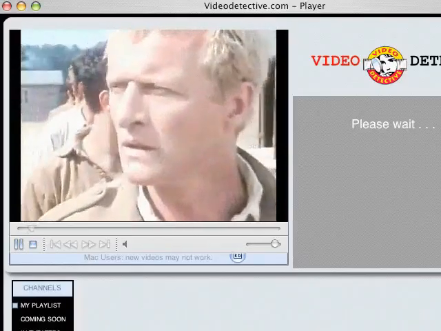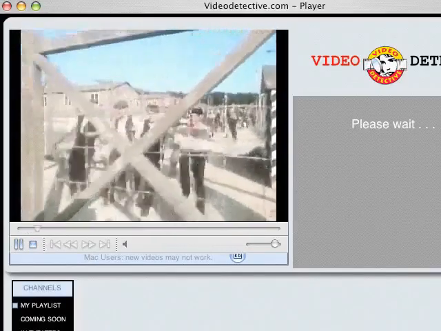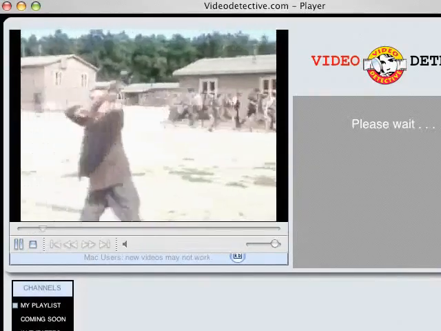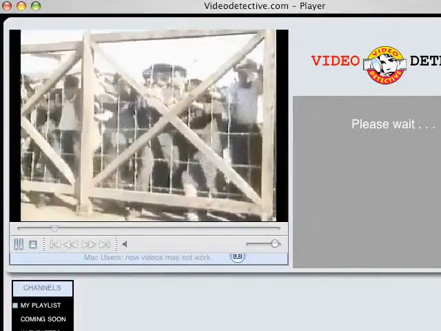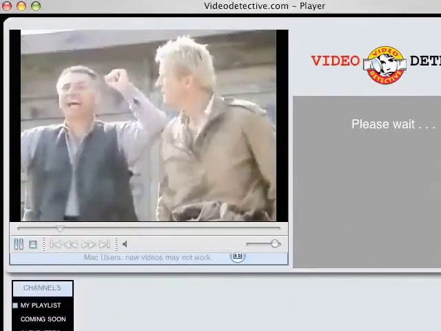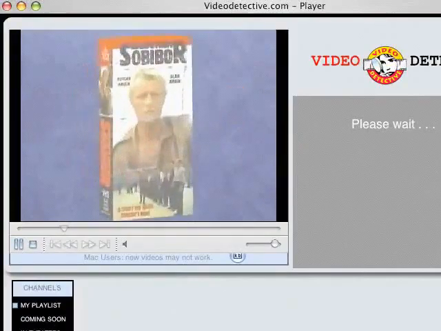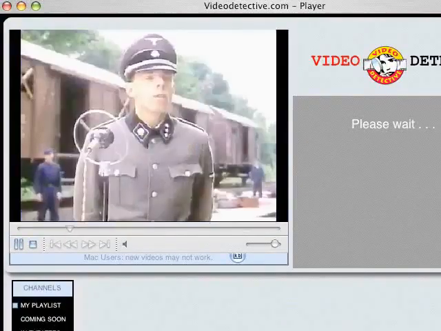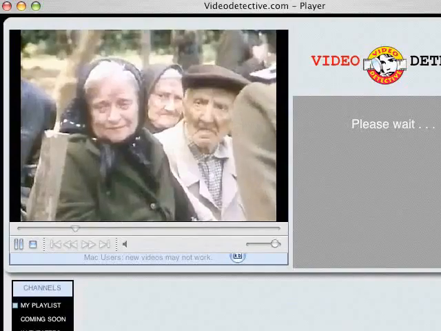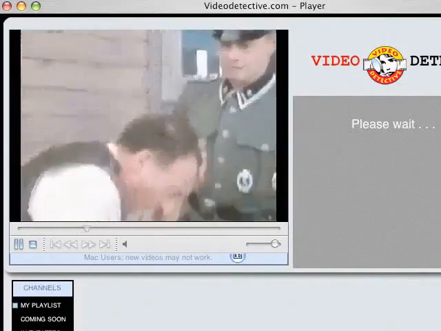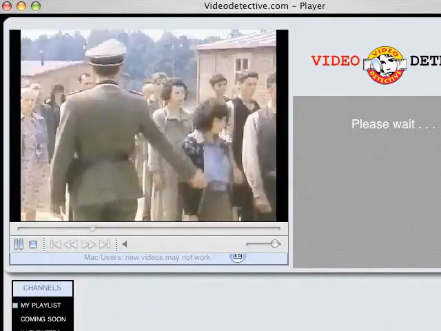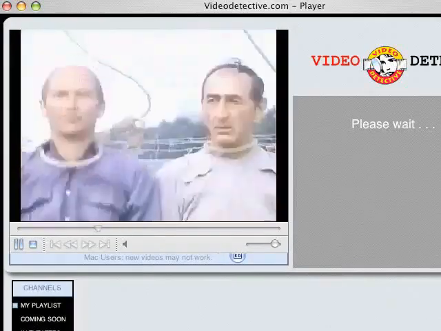Action-adventure hero Rutger Hauer stars in an incredible true tale of courage and triumph. Those of you who survive, bear witness. Let the world know what has happened here. Escape from Sobibor. You have arrived at Sobibor. This is a labor camp. If you do your jobs, you will have nothing to fear. During the Nazi rule, the most secret and brutal camp of all was Sobibor.